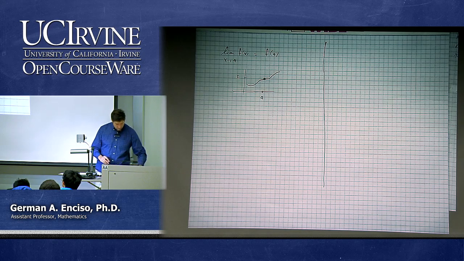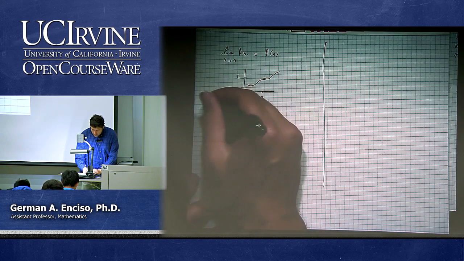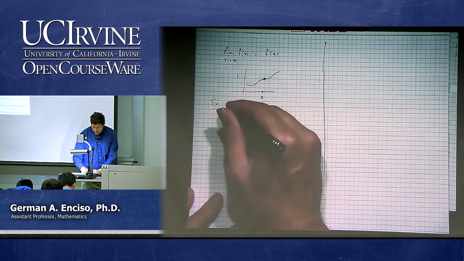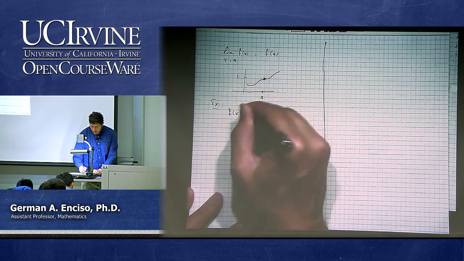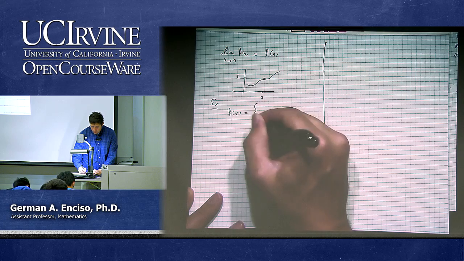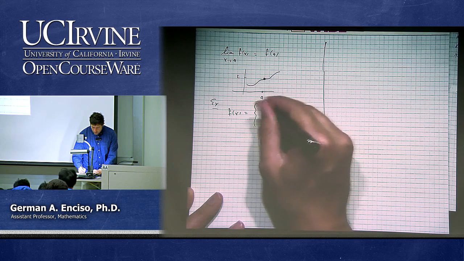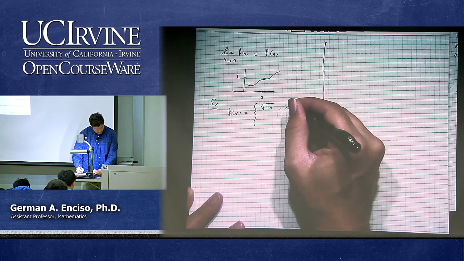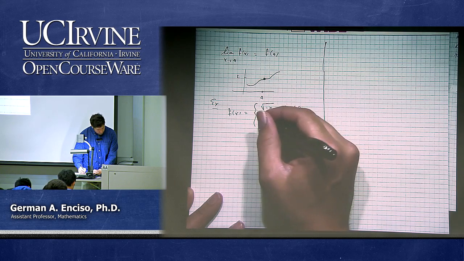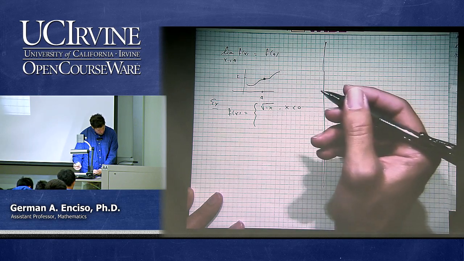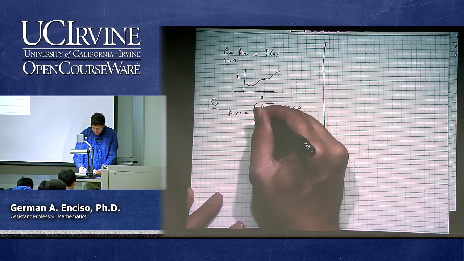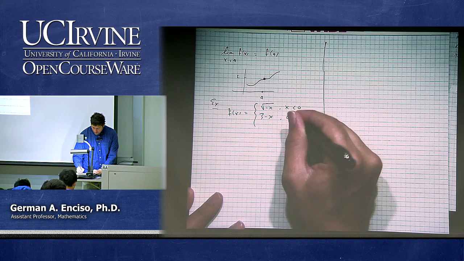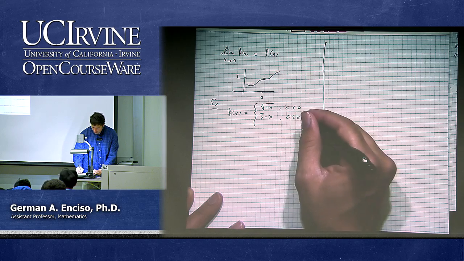Let's see. So, example. Suppose that f of x is equal to square root of minus x when x is less than 0. It's 3 minus x when 0 is less or equal than x less than 3.